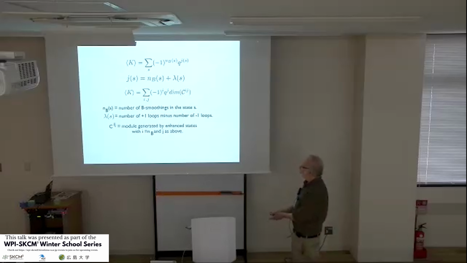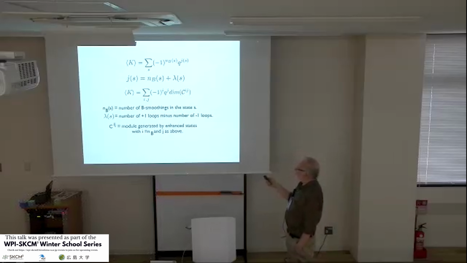So therefore, the power of Q is the number of B smoothings plus lambda, where lambda is equal to the number of +1 loops minus the number of -1 loops. So I'm going to call that J, and then I have a nice theoretical formula for the bracket in the Q form as the sum of monomials, sum of nice monomials.